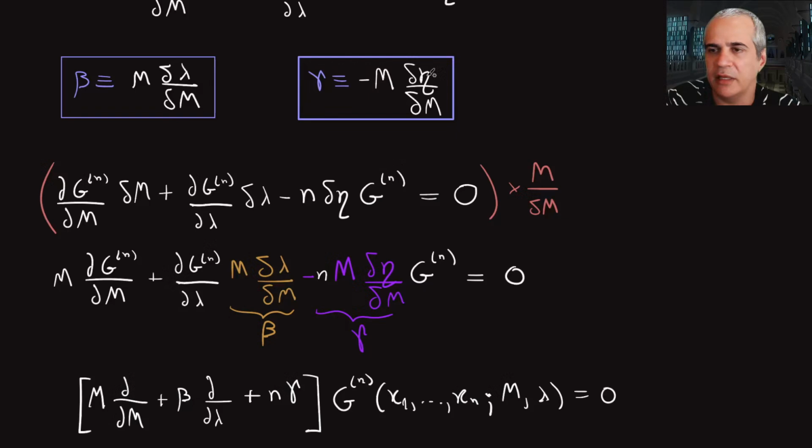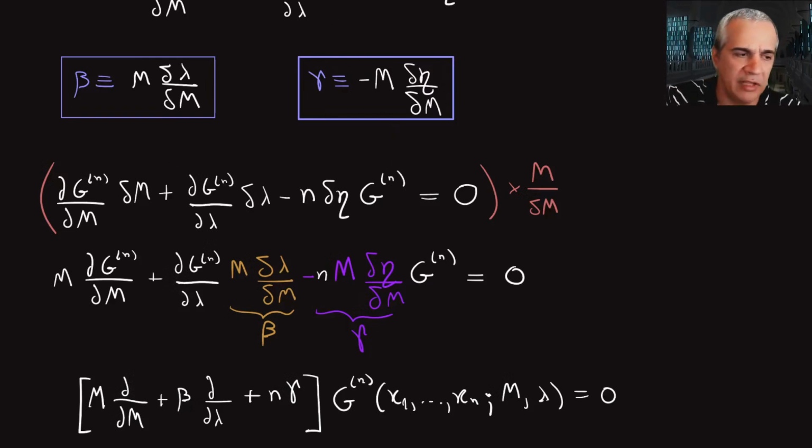Remember, eta is the way I decided to encode the change in the field renormalization constant, the field strength renormalization. So gamma is encoding this change in the field normalization.